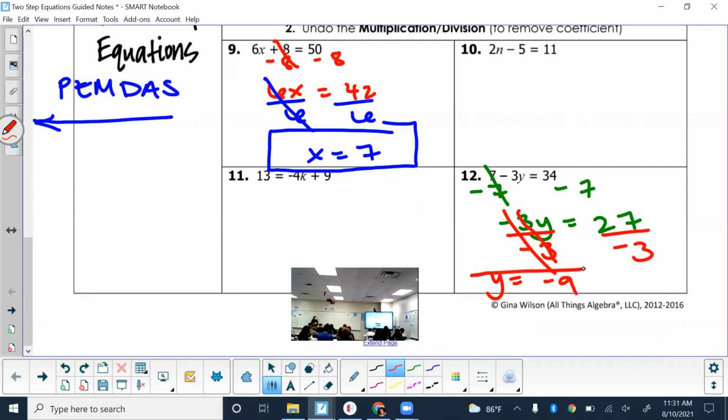Negative 9. Good. Any questions? Does that make sense? All right, the one I'll have you try will be 11. So just 11 for right now. Practice the 2 sevens.